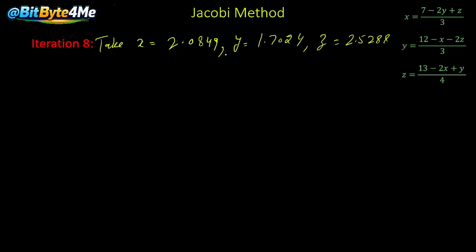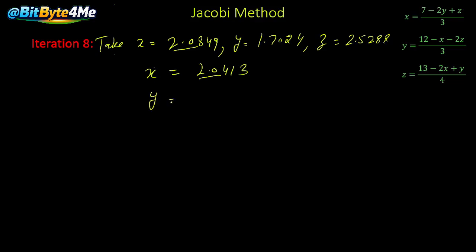Put these values in equation number 1, and you will get the value of x as 2.0413. So as you can see, the value of x you have achieved up to 2 decimal places. 2.0 is same, 2.0 is same. So if you want a value up to 2 decimal places, you have got the answer.